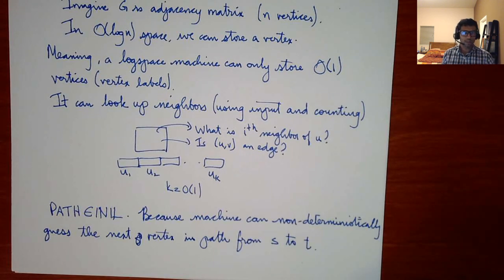And the non-determinism will just take it to the end. Does that make sense? The non-determinism will just take it to the end. So path is in NL.